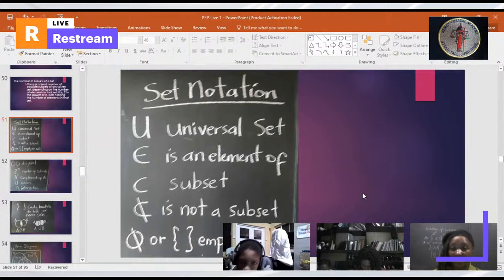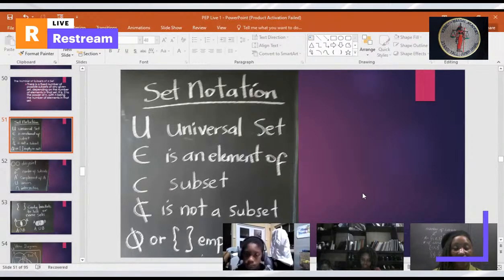Might not have the verbs and pronouns like the English language, but the symbols have their own character and they form mathematical sentences. Now in sets, as in any other topic in algebra, we have our symbols. So as was mentioned before, the capital U represents the universal set. And that means all the elements that are being considered.